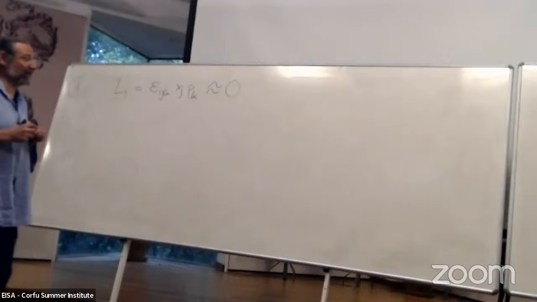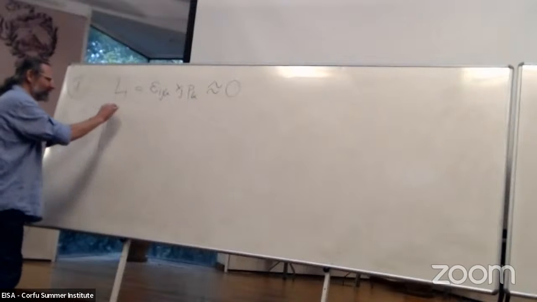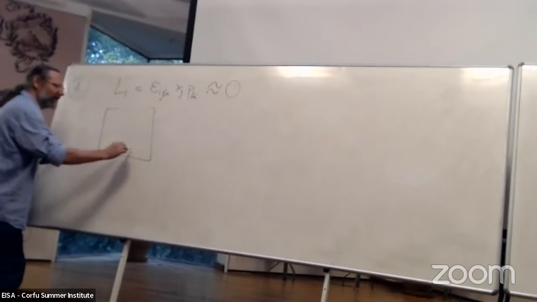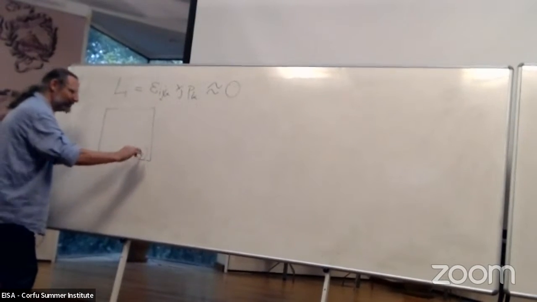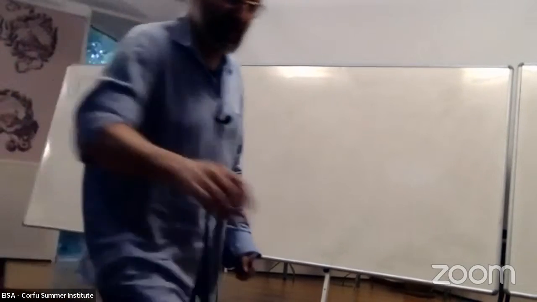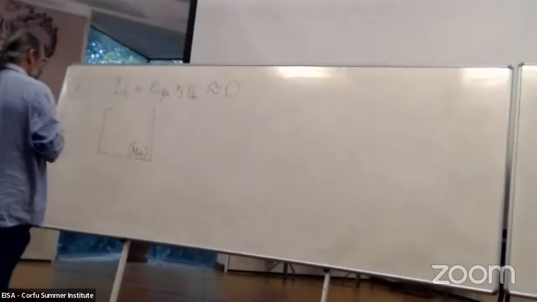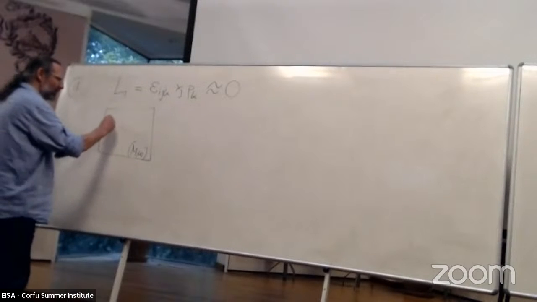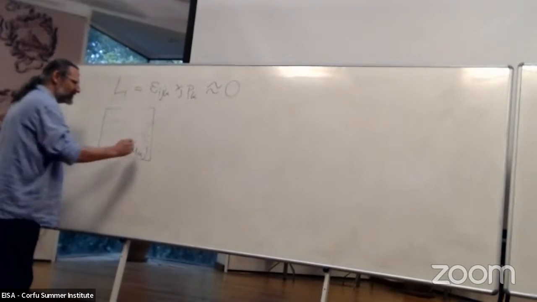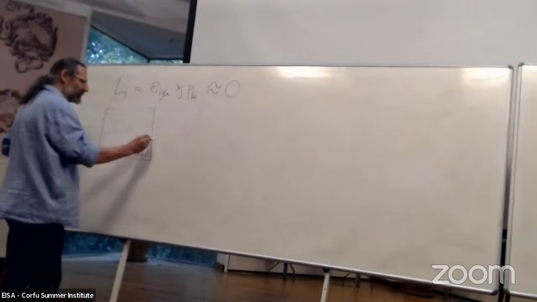So let me first say what one wants. In principle, in the smooth setting, you have a symplectic manifold (M, ω). You have some submanifold C inside, which corresponds to these constraints.